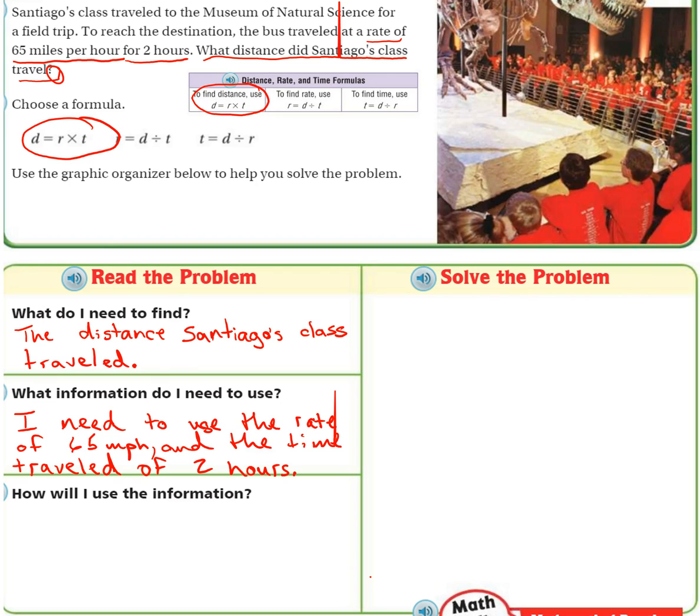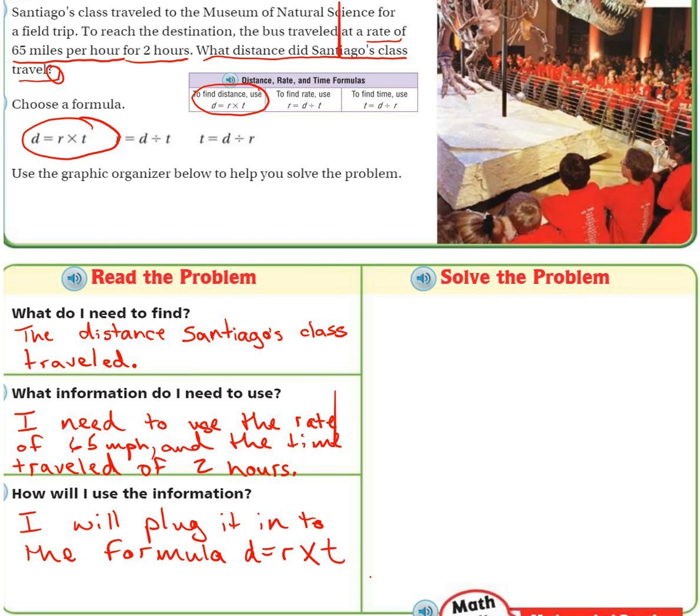How will I use that information? I will plug it in to the formula, D equals rate times time. All right, and solve the problem.